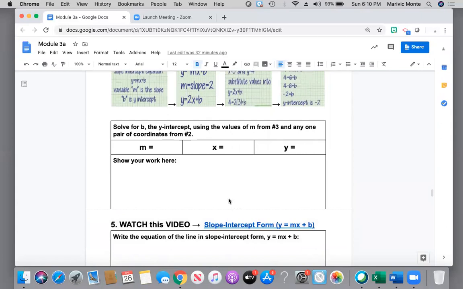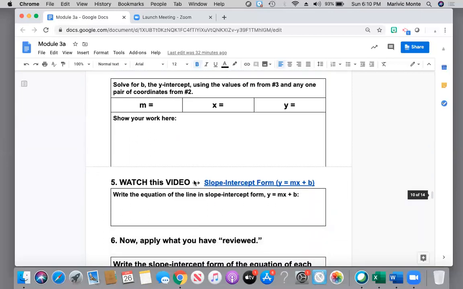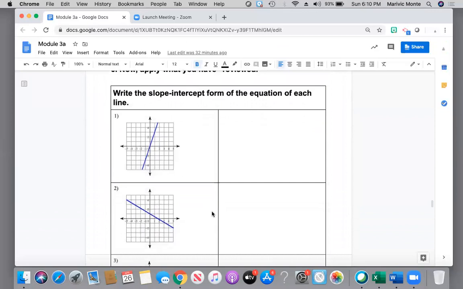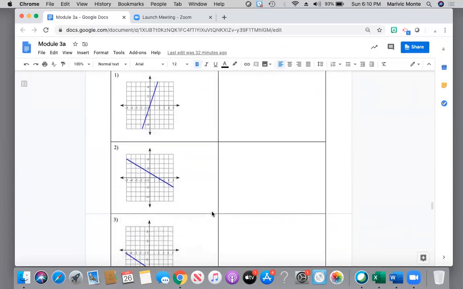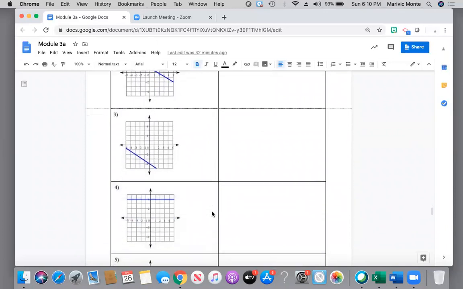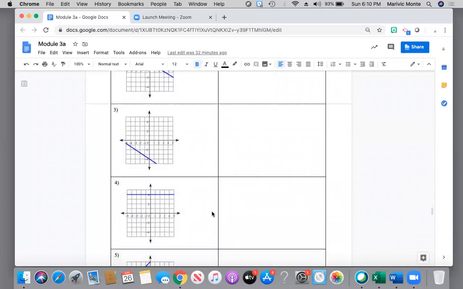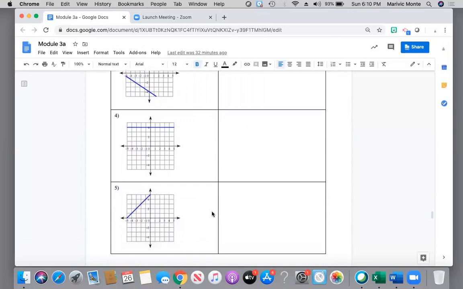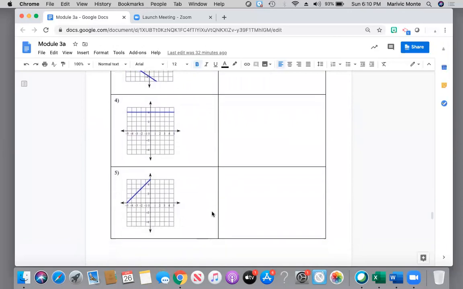And then you finally write down your line in intercept form. And here are also some exercises which are actually optional. Of course, I'll be willing to give you extra points for going through this review.